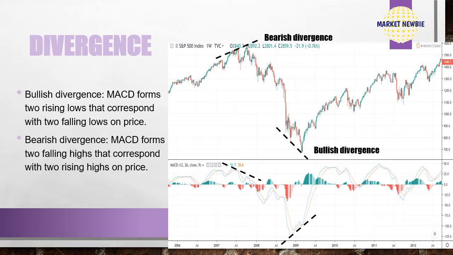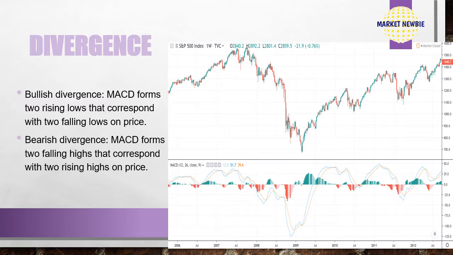If you are careful enough, you will probably notice that in this chart there was a bullish divergence in the middle of 2008. After the bullish divergence, the price only went up for 4 to 5 weeks, and this is very weak. After that, it's a big plunge down again.